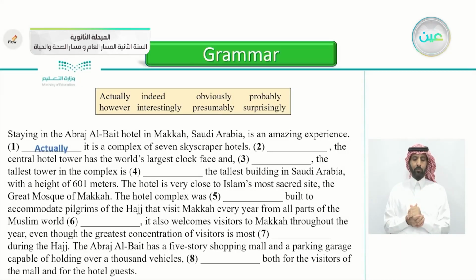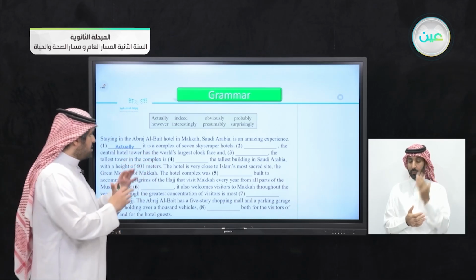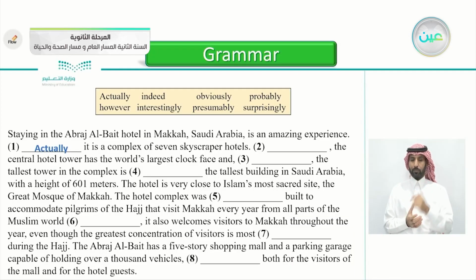Very good. Actually, it's a complex of 7 skyscraper hotels. You use the adverb actually when you want to give a fact about something. People think that it is just one skyscraper, Abraj Al Bayt. No, it's 7 skyscrapers.